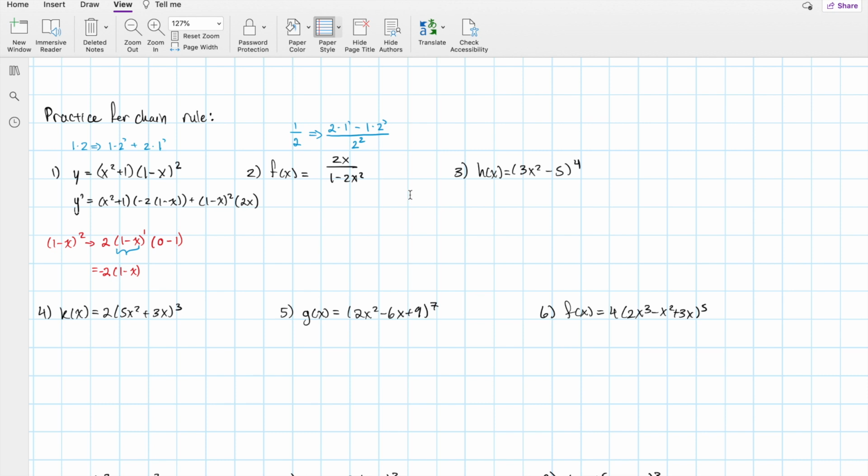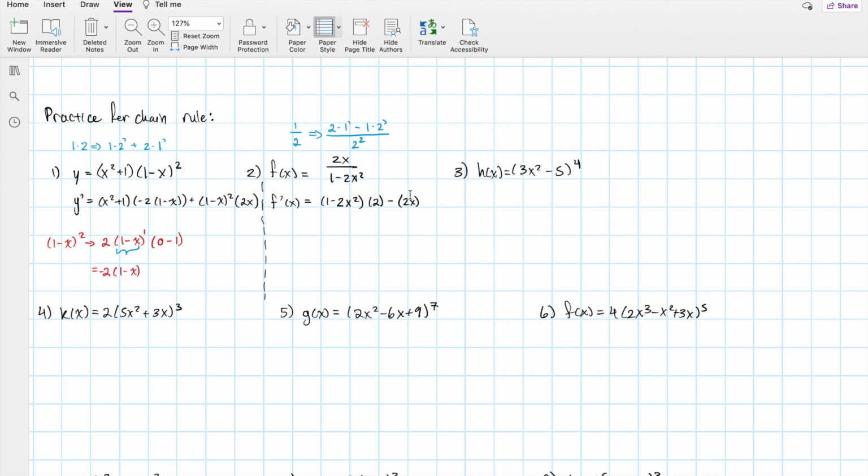Okay, so using that, f prime of x is going to equal (1 minus 2x squared) times the derivative of the top, which is 2x, meaning it's just going to be 2, minus the top, 2x, times the derivative of the bottom, which is 1 minus 2x squared.